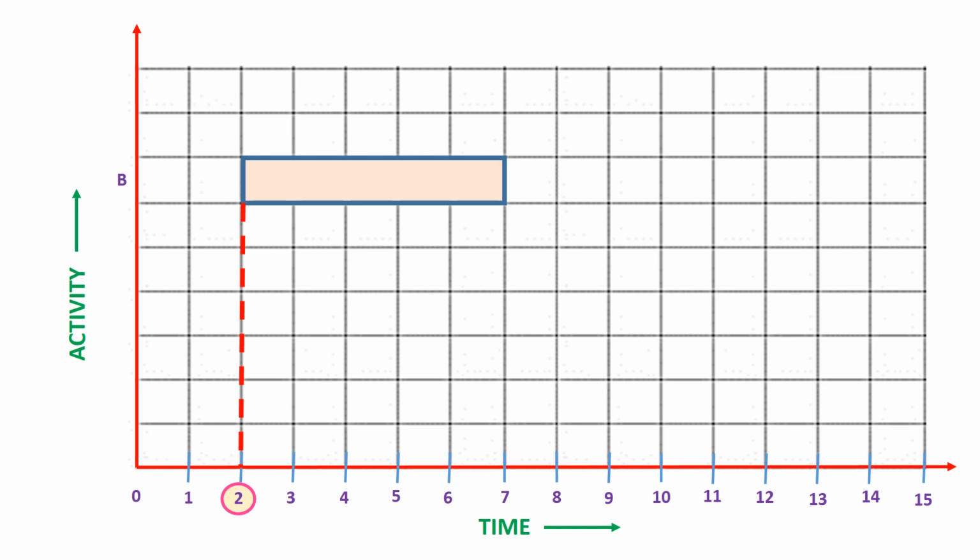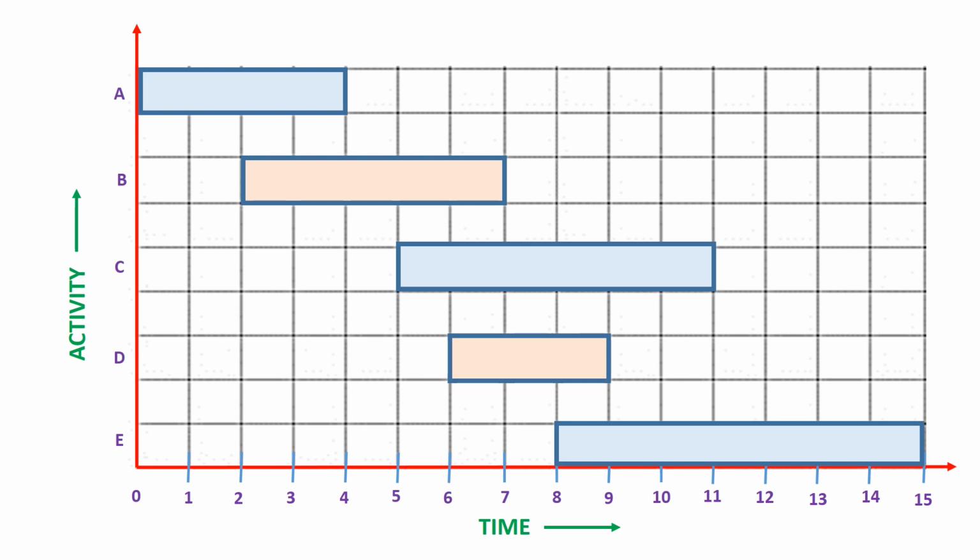The end of the box represents the end of the activity. Therefore, activity B is going to finish at the end of time t equal to 7. Therefore, the duration of activity B is time t equal to 7 minus time t equal to 2, which gives us 5 days.